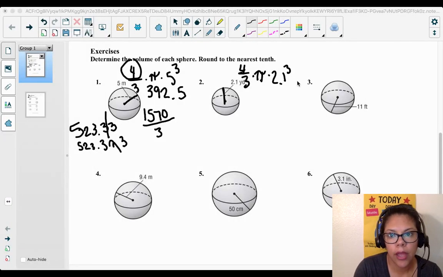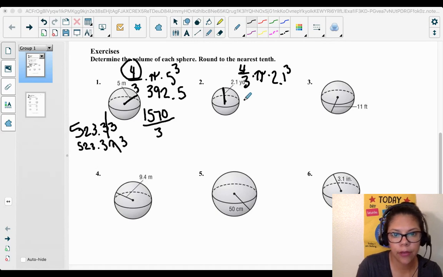So all of that, the pi times 2.1 to the third power, is this big number, 29.0. I'm going to go ahead and just multiply it times 4 already. And then my last step, divide by 3.